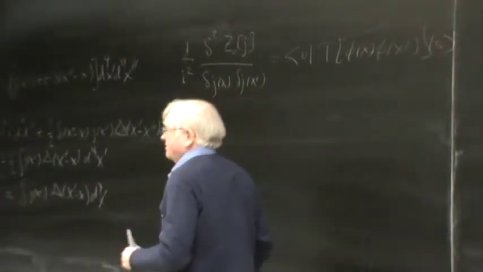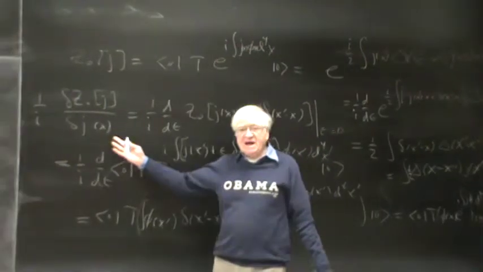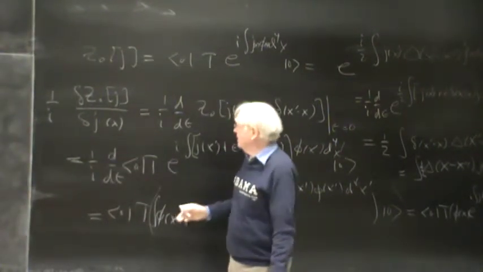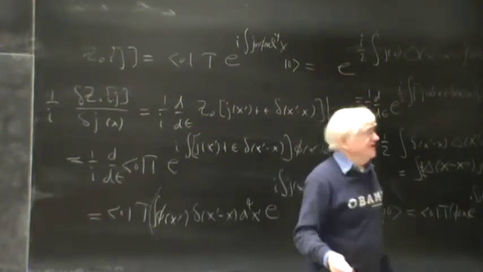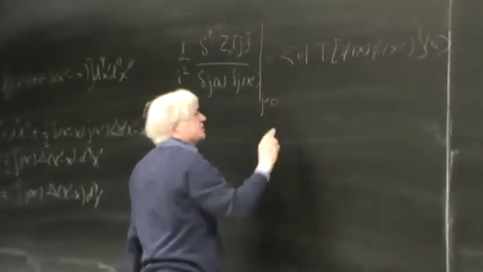And of course, I should say, we're doing all this normally at J equals 0. So there are 2 equals 0 things. One is what the functional derivative is, and then after we finish, we're doing this at J equals 0.